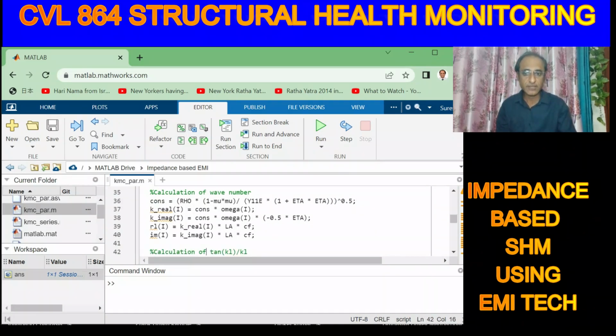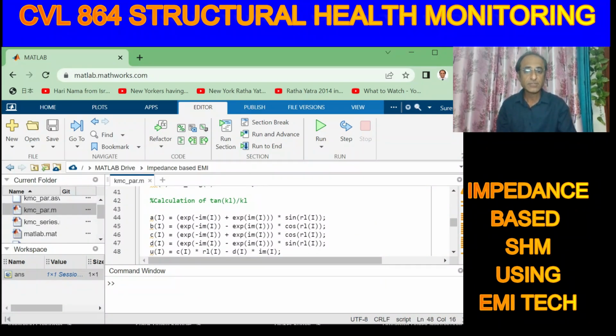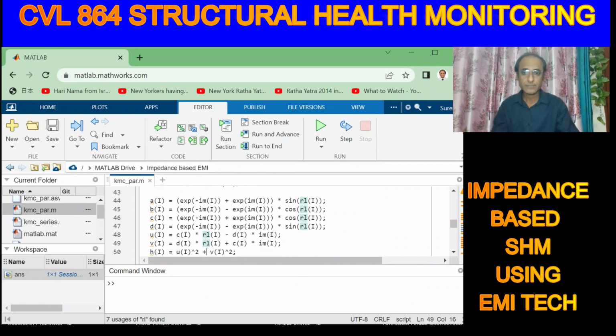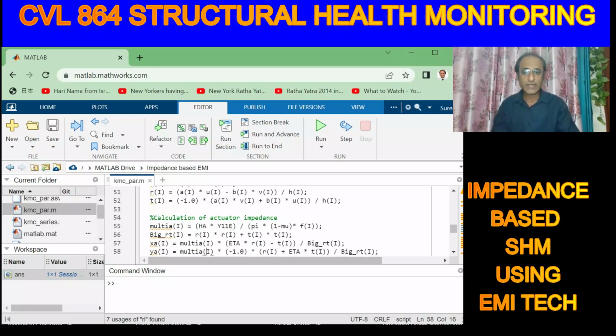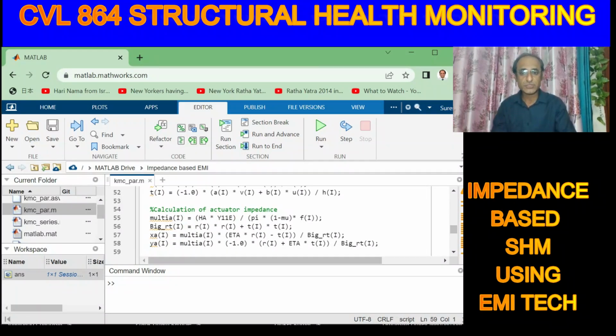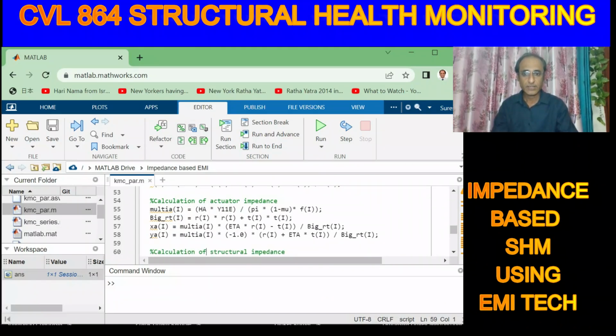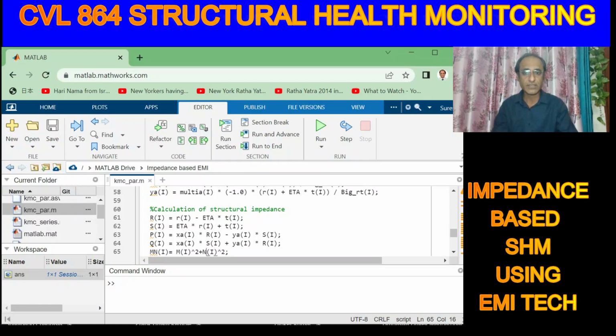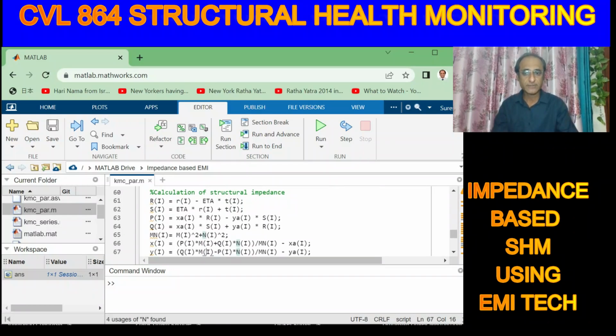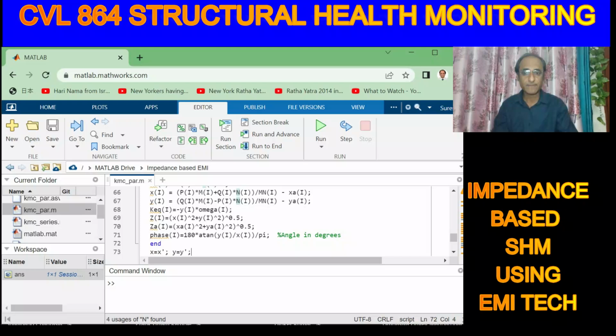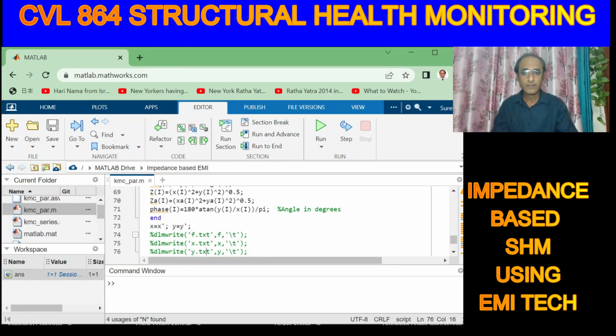So it uses exponential functions for that purpose, so that the complex numbers are accounted for when computing tan KL by KL. After that is the calculation of the mechanical impedance of the PZT patch, and after that the calculation of the structural impedance Z. Z has two parts, X and Y.